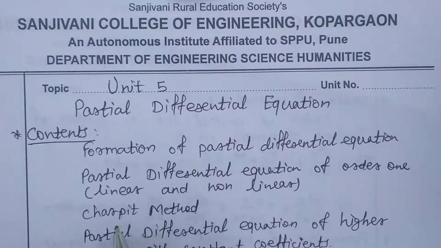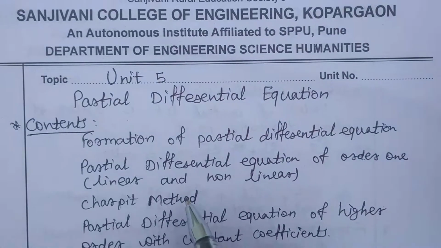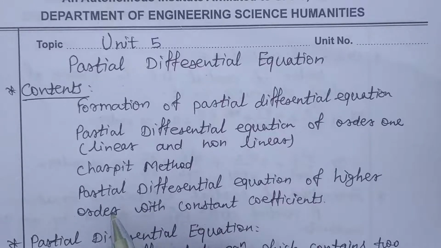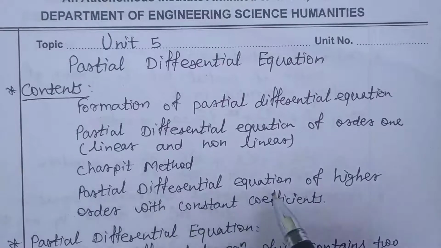The third topic of this unit is Charpit's method to solve partial differential equation. And the last topic, topic number 4 of this unit number 5, is partial differential equation of higher order with constant coefficients.